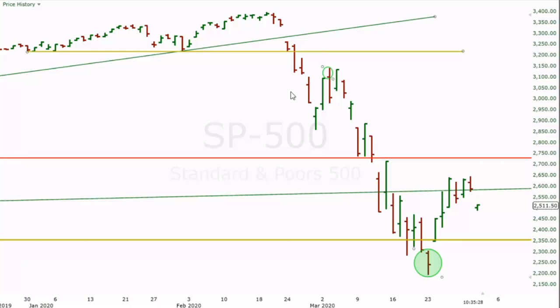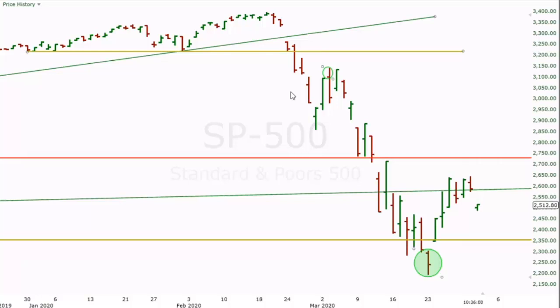You could probably line it up with some previous support, and then we get that outlier day that you're talking about, and that was probably the day that there was massive short covering, and that just converts into buying pressure, and voila, we pop back up. So that's one of the reasons that this move might be a little bit suspect, because half of it was just short covering, right? It wasn't everybody saying, "Oh, this is the greatest time in the world to buy." This is more of a technical knee-jerk reaction.